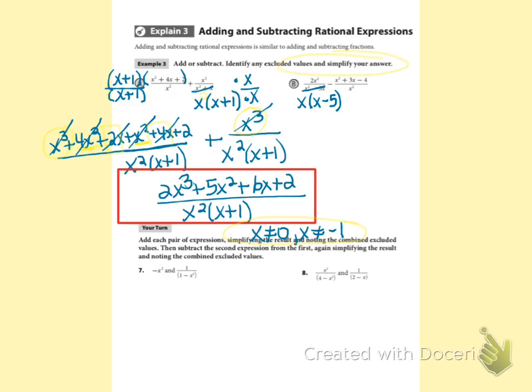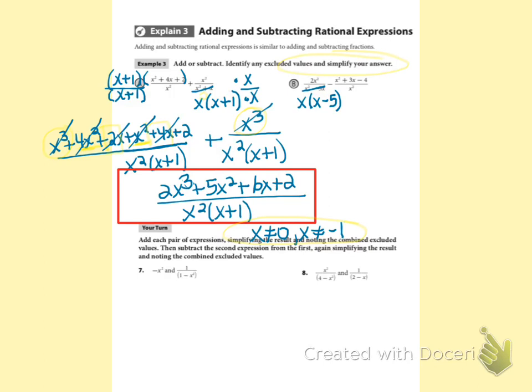Now sometimes when I'm doing this, I might notice that something in the numerator will cancel with something in the denominator. You can see that in this first fraction, I could take an x off the bottom and reduce the one on the top to just 2x. But in this case, because I can see that the other denominator actually has an x squared, that's really not going to help, because I'm going to have to turn around and make sure that the denominator has an x squared anyway.